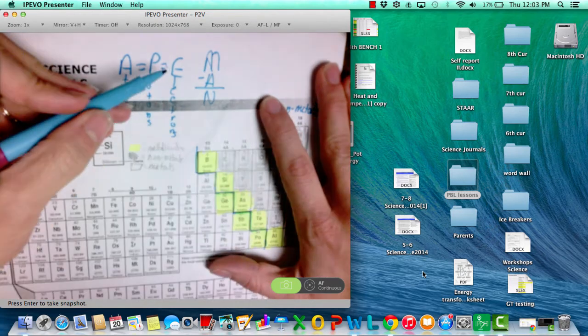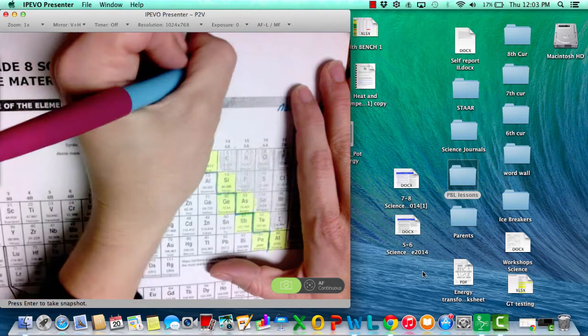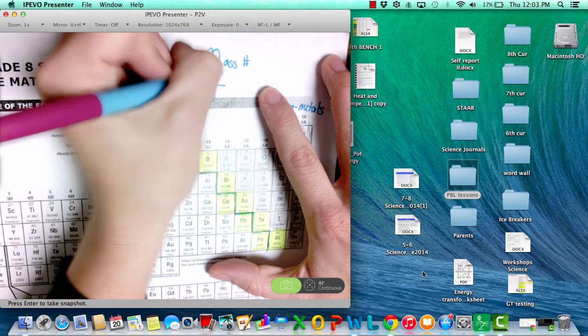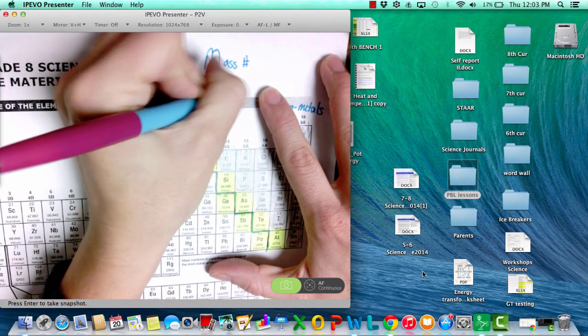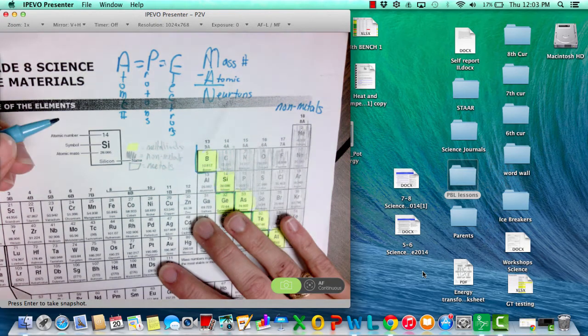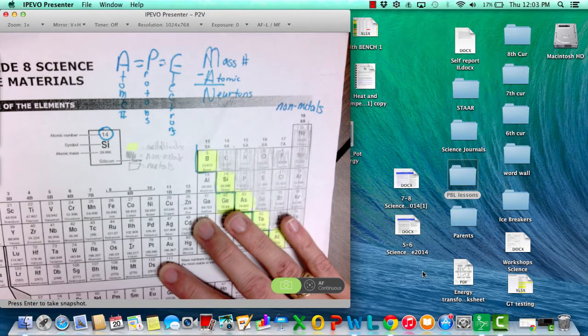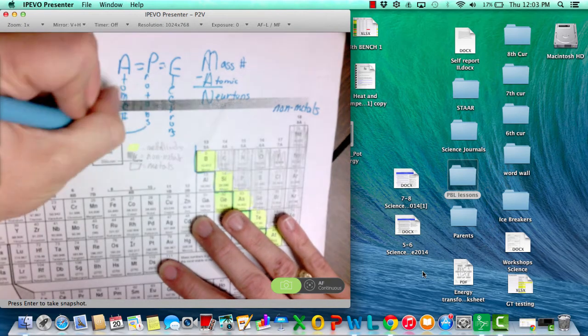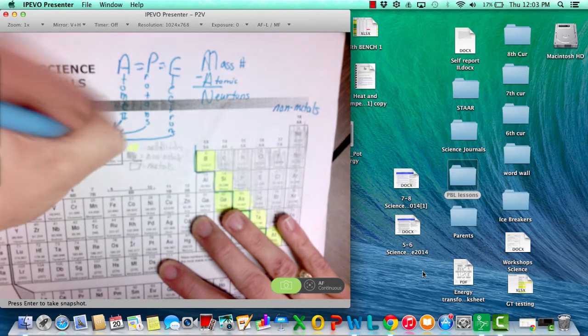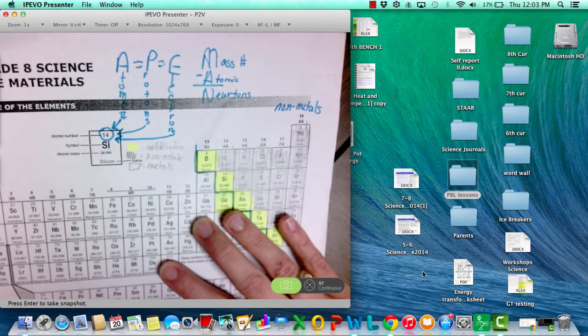Do not assume that's neutrons. Mass number subtracted from atomic number will equal neutrons. Do not forget to round the mass. So right here, you could draw a line or arrow to that and know that these are always going to equal this number. Okay?